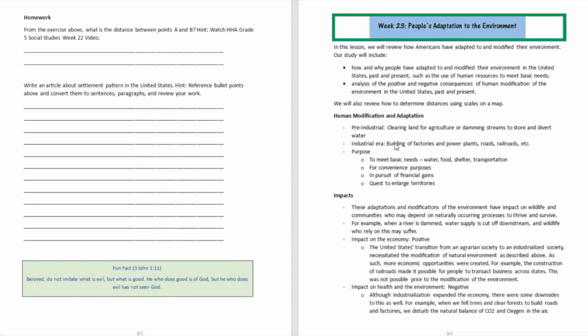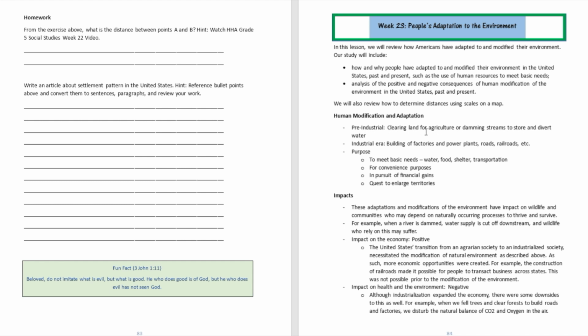So prior to the Industrial Revolution, the majority of Americans were agrarian. In other words, the economy revolved around agriculture. So clearing of lands for agriculture and damming streams to store and divert water was really prevalent.